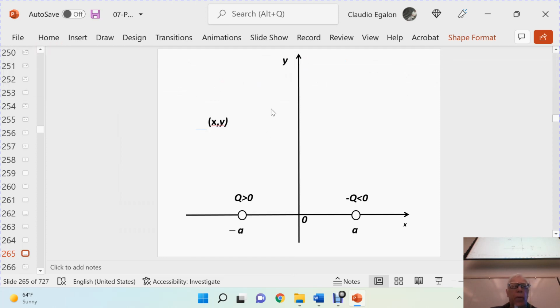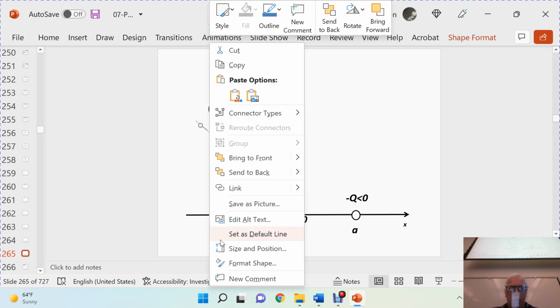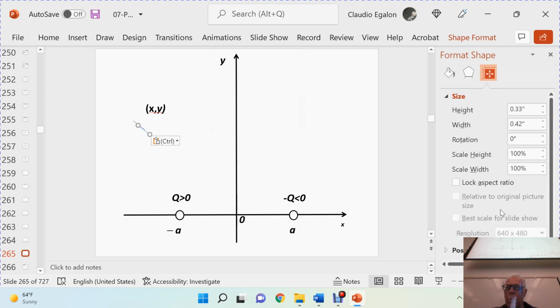And I'm going to put another one here. I'm going to rotate that.